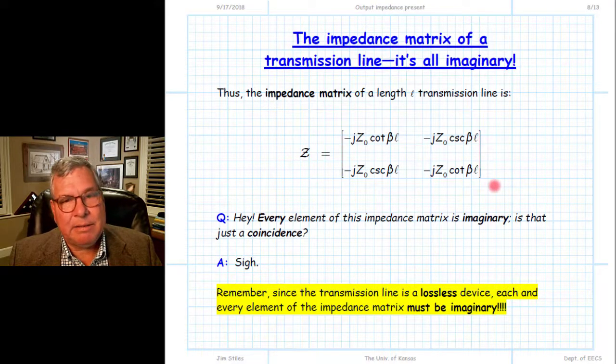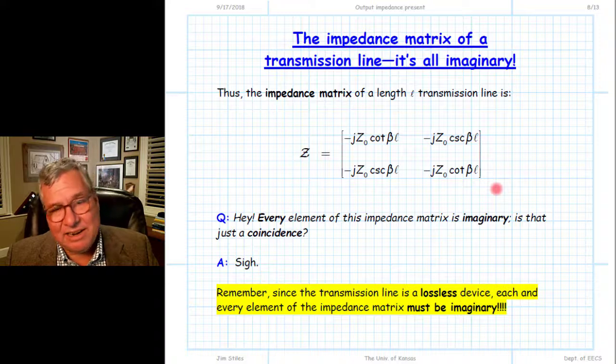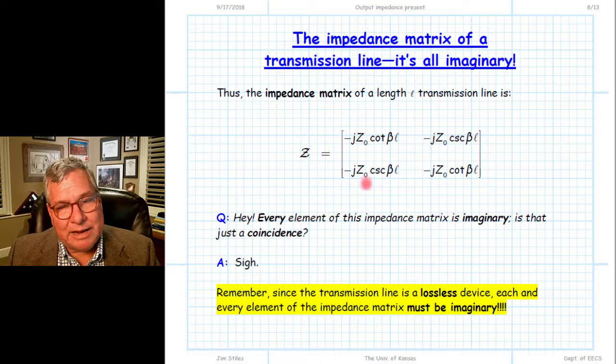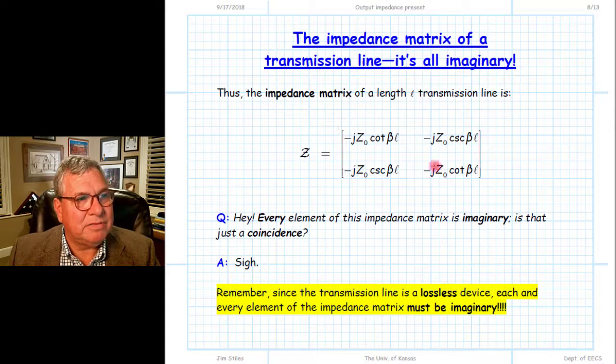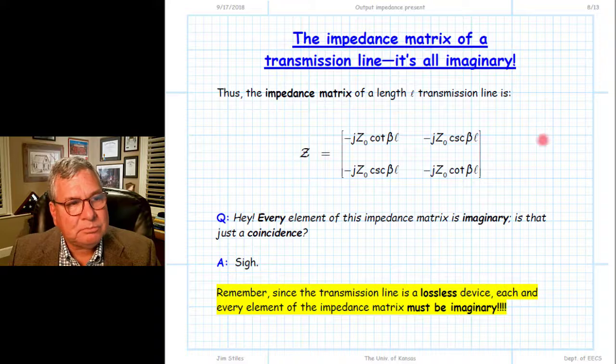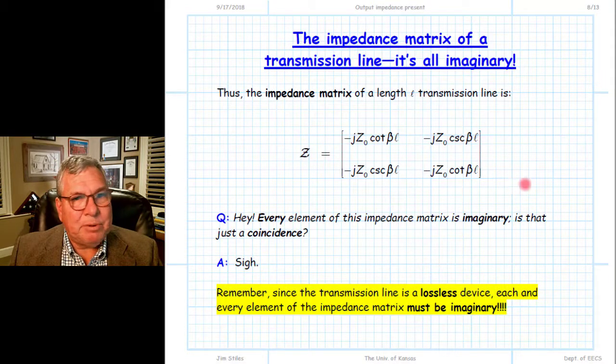Now, think about the ways we've characterized a transmission line. We have the characteristic impedance, a real value Z0. Notice that none of the transimpedance parameters is equal to Z0. In fact, it can't be, because each transimpedance parameter must be purely imaginary, whereas Z0 is purely real. What about the input impedance?